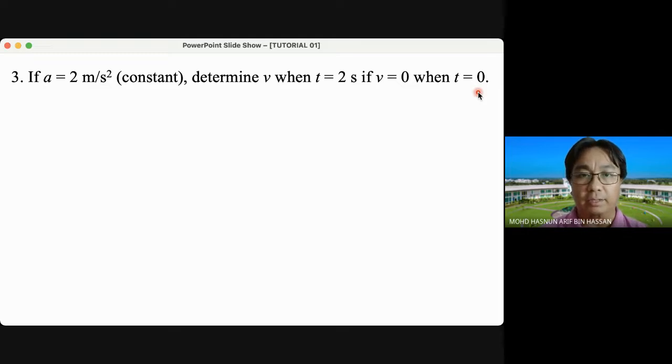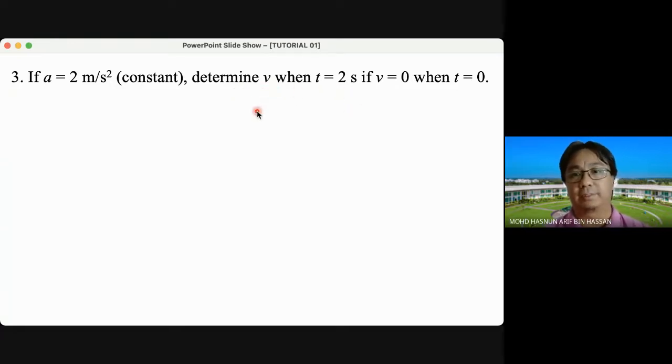In some questions the initial condition is given. So dia kata bila t sama dengan 0, V sama dengan 0. Maksudnya initially the object is not moving lah. Then dia mula accelerate, dia mula memecut. So we want to know what is the velocity when t equals 2 seconds.